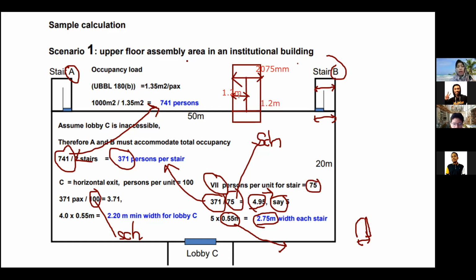Can you calculate? 1.2 meter plus 1.2 meter is 2.4. Or maybe this is too big. So maybe 1.1, 1.1, 1.1. Already 2 meters. But the minimum is 2.75. Not 2.0275. Alamak.